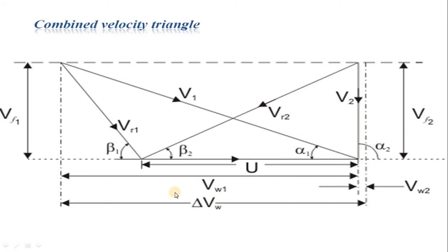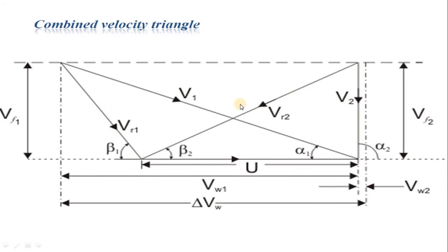In a similar way, Vw1 and Vw2 are both the same here. Also the value of V1 is exactly equal to the value of Vr2, and the value of V2 is exactly equal to the value of Vr1. These are some important changes.